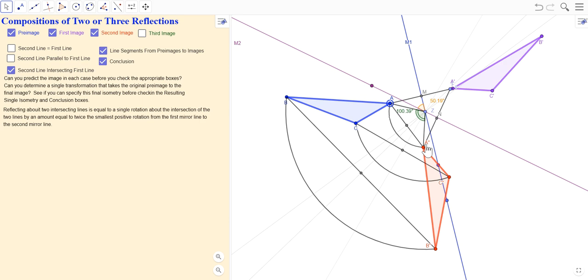And then we want to also look at the angle from A to Z to A double prime. Turns out it's going to be a rotation, and this amount here is going to be half of this smaller angle here. Or, I'm sorry, this angle is going to be twice that. Or if we go twice of this angle here, that will be a rotation around the longer way.